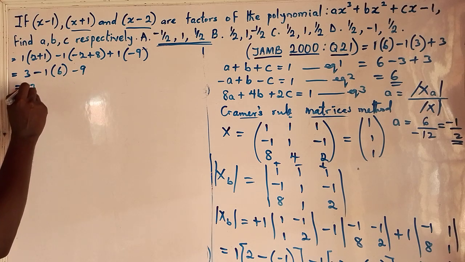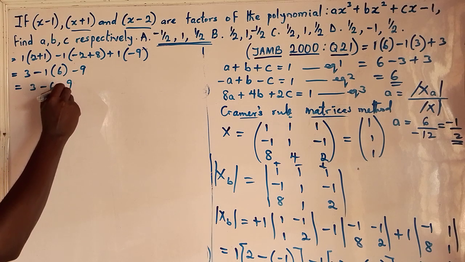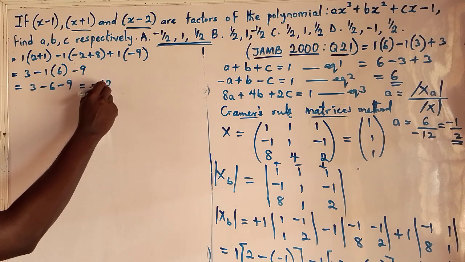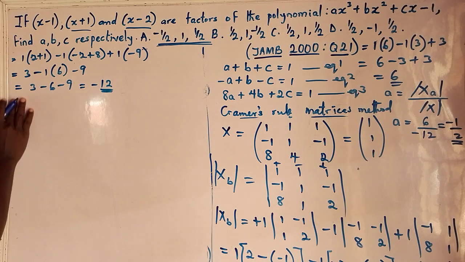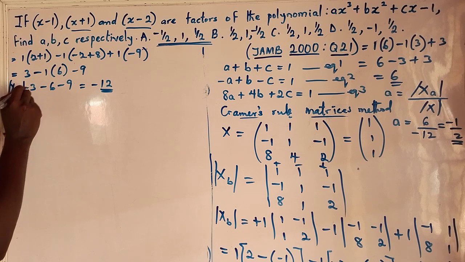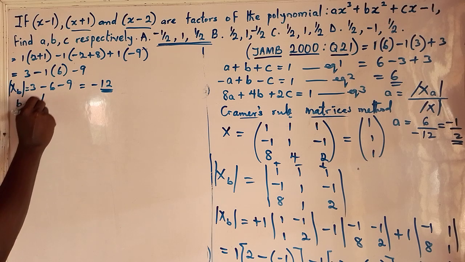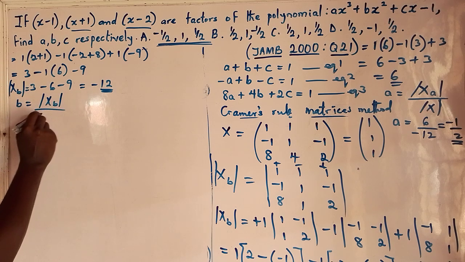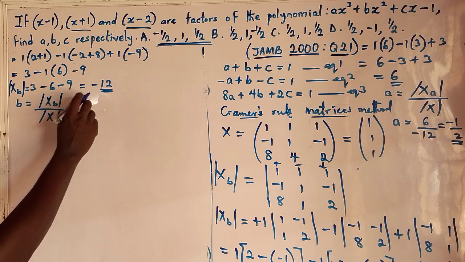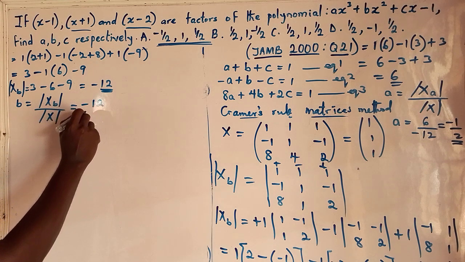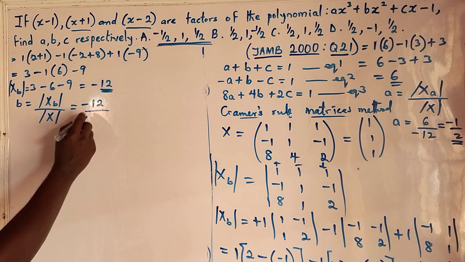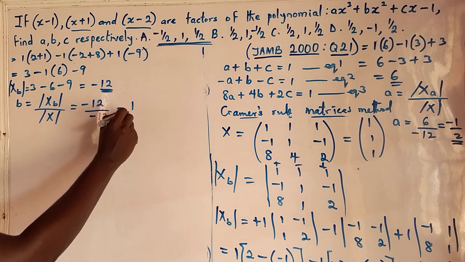So this is 3 minus 6 minus 9, and that gives us minus 12. That is the determinant of X subscript B. So the value of our B is equal to determinant of X subscript B over determinant of X, which is minus 12 over minus 12 also. So this gives us 1.